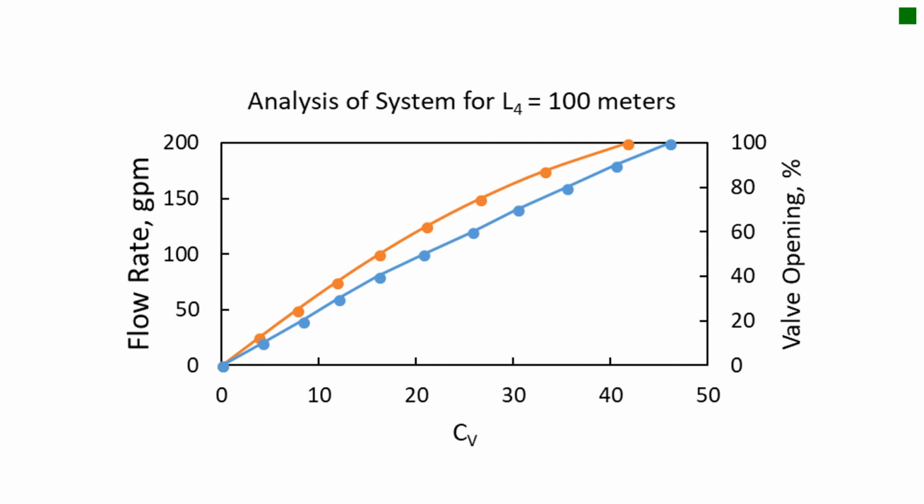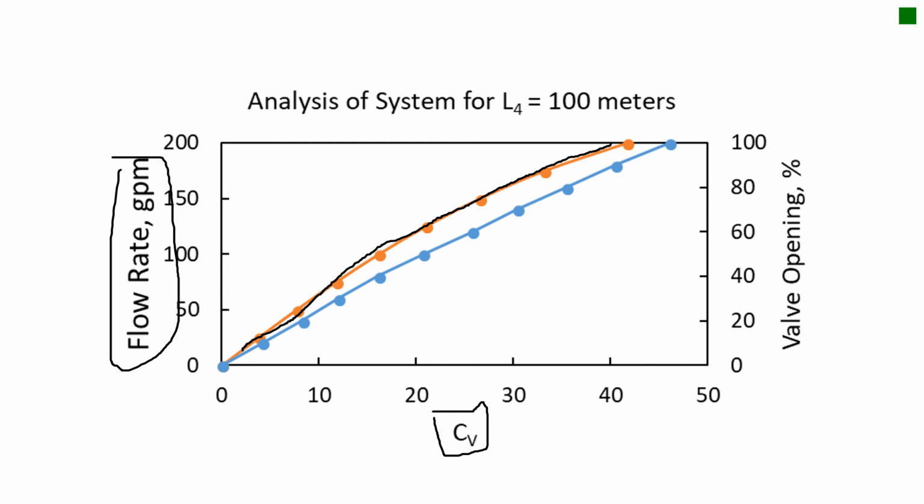The orange line is my system curve, meaning the calculated CV using friction factors and everything. Notice what's starting to happen. We start seeing some curvature of this system line of flow rate versus the calculated CV.